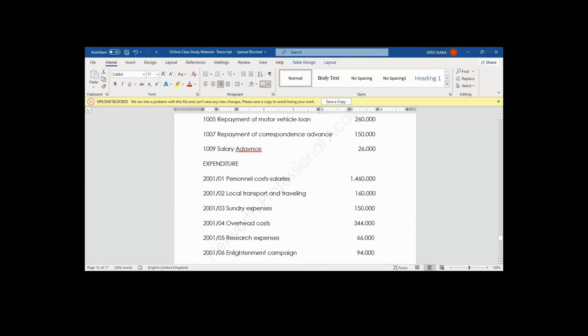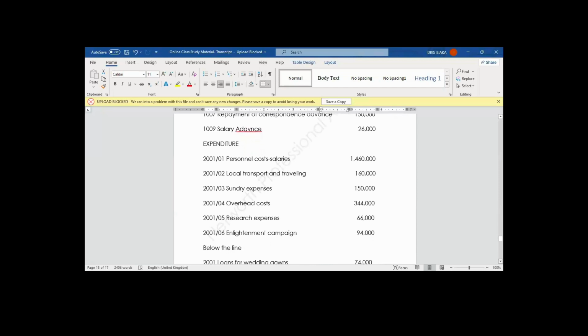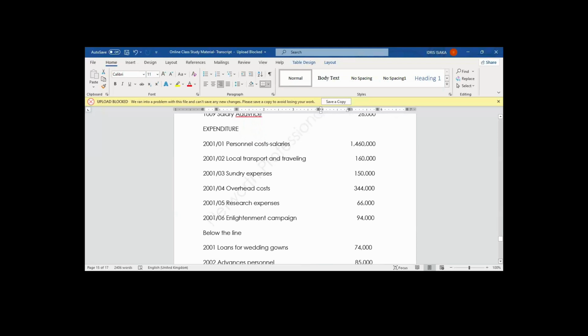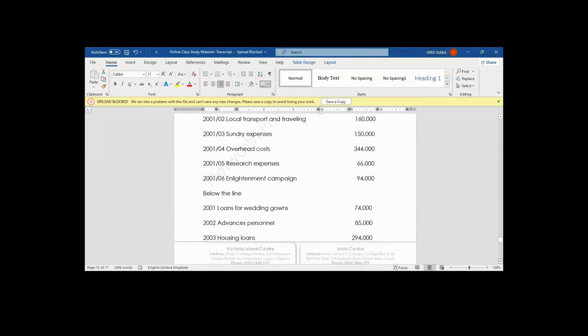Expenditure, we have 2001/001 personnel costs, 2001/002 local transport and traveling, 2001/003 sundry expenses, 2001/004 overhead costs, research expenses, enlightenment campaign.